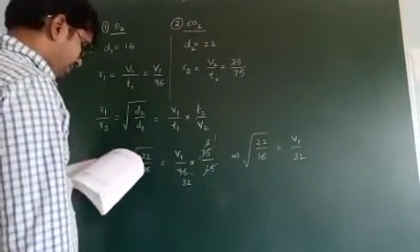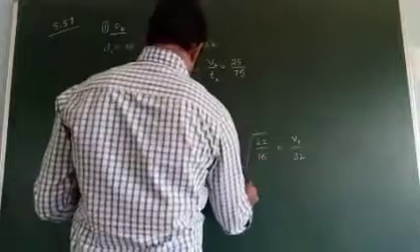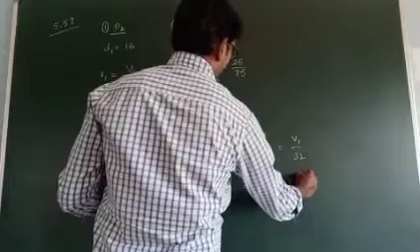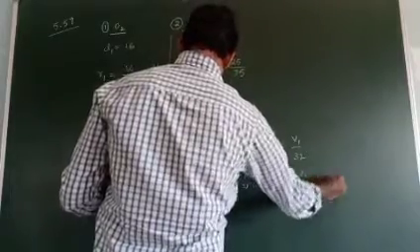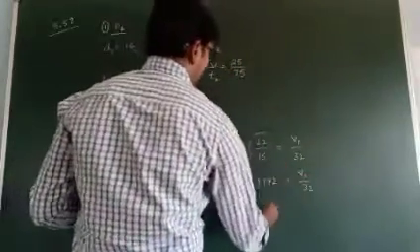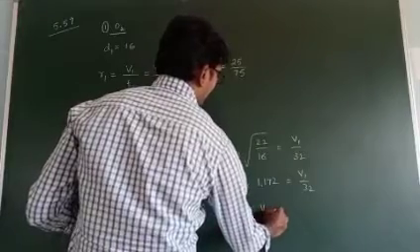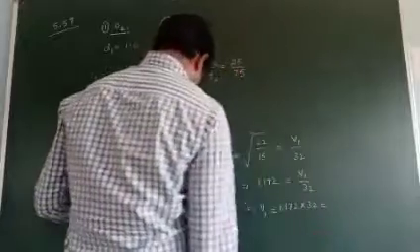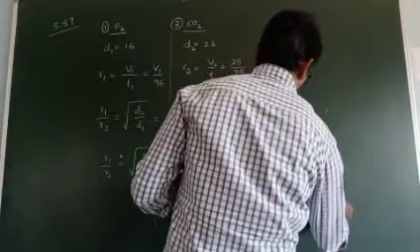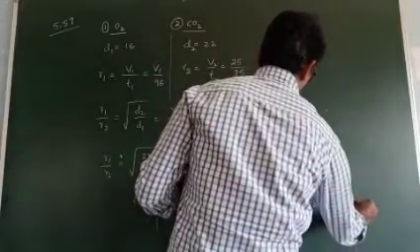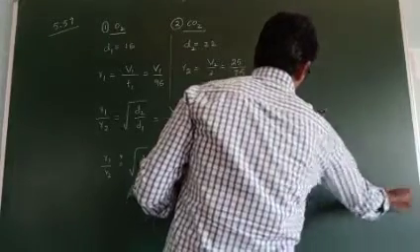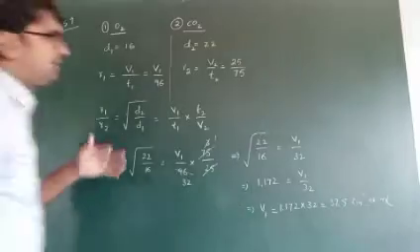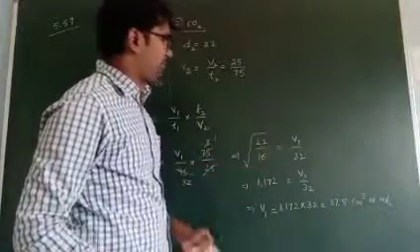This root over 22 by 16 value is 1.172, equal to V1 by 32. Move this to this side. So V1 equals 1.172 into 32, which is equal to 37.5 cm cubed or ml.